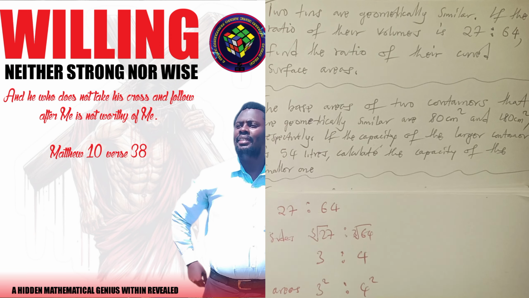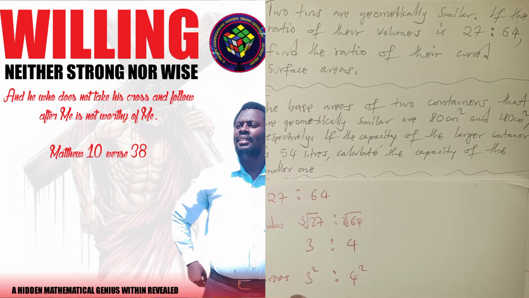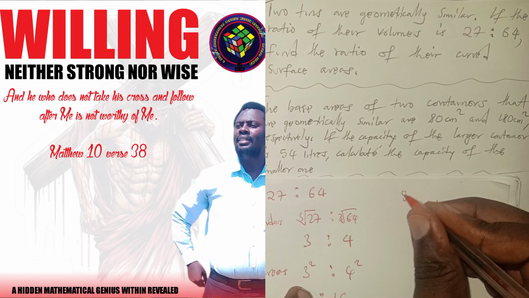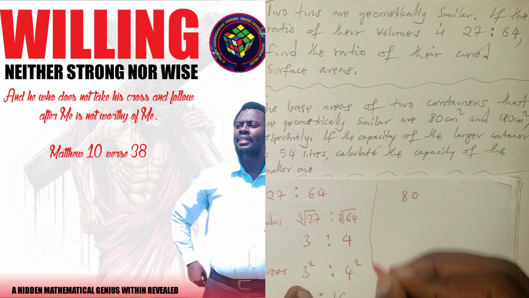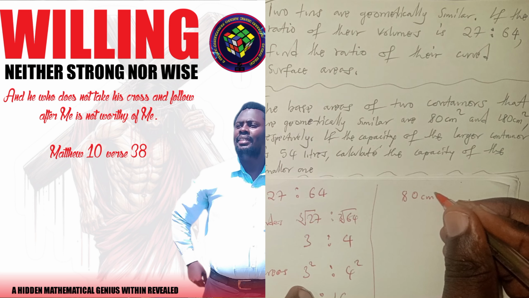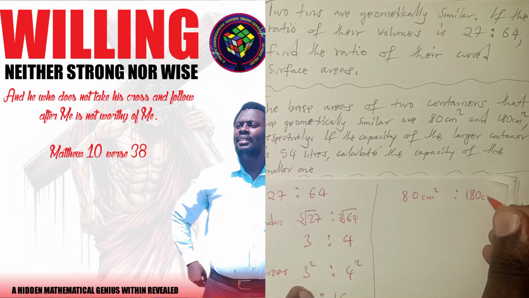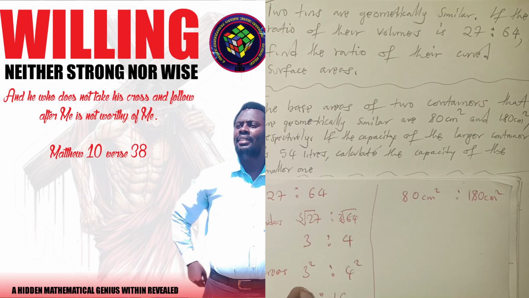Okay, so here again we have a ratio of areas. We have 80 square centimeters to 180 square centimeters.